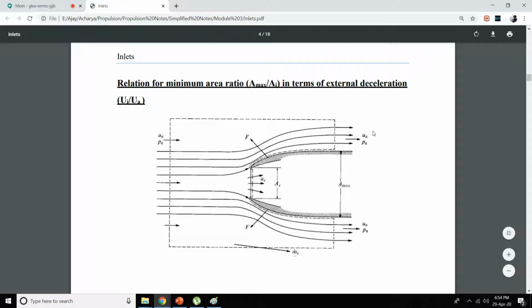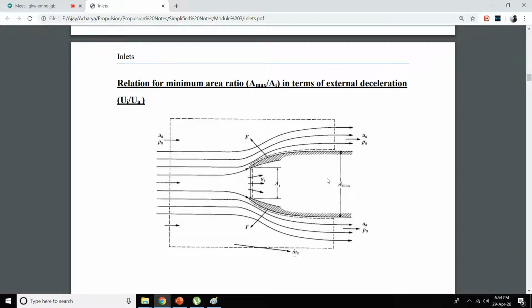Outside velocity will always be higher, but inside velocity will be lesser because of the diffusing action. And minimum area ratio is the ratio between the inlet and the outlet of the diffuser.